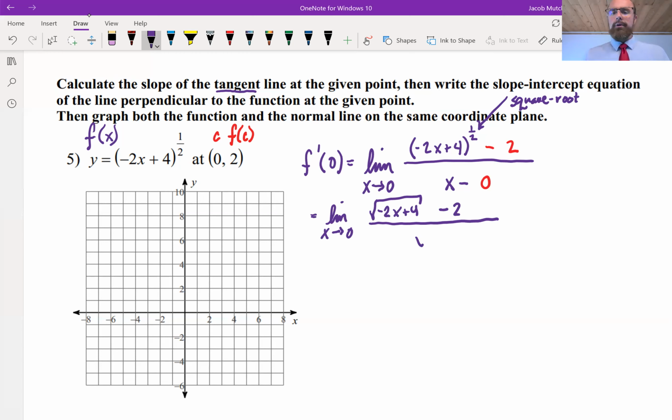I can let that 0 go. So the question at this time is really, how do I find the limit of an expression that has a radical and it's also a rational function?